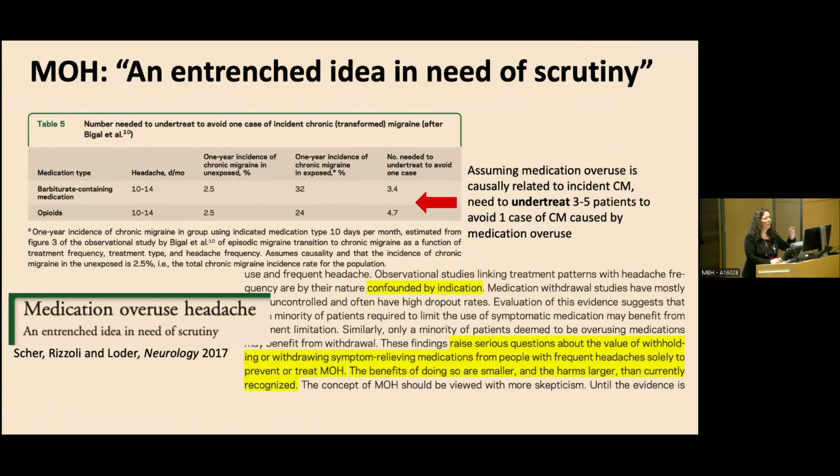And those would be the most likely offender medications. Triptans, NSAIDs, acetaminophen, these are all less likely to be offender medications. But with opioids and barbiturates, if you assume causality, you still have to undertreat 3 to 5 patients.